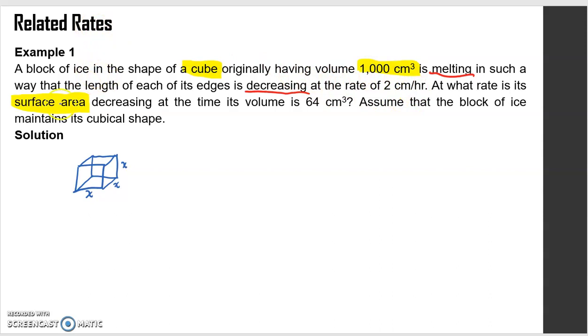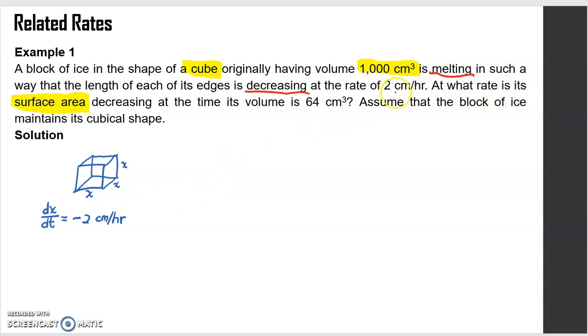The cube is melting in such a way that the length of each of its edges is decreasing. Since our edge is x, dx over dt is equal to negative 2 cm per hour. Why negative 2? Because of the words decreasing at the rate of 2 cm per hour.